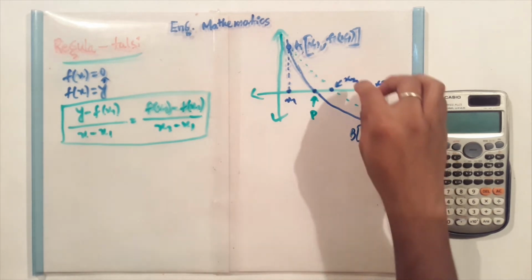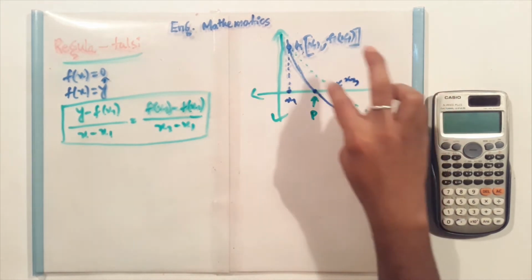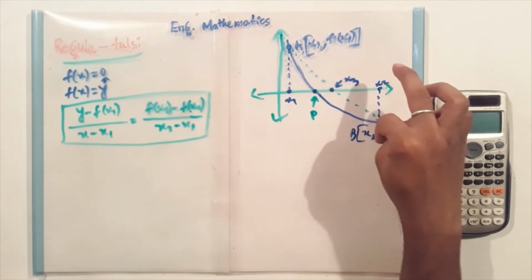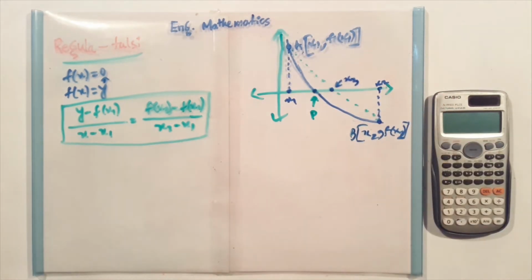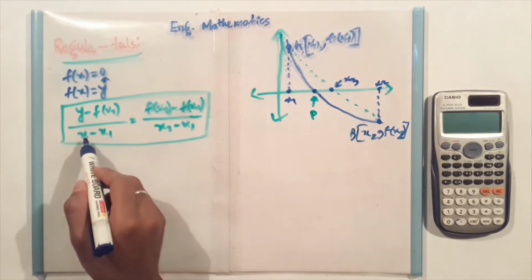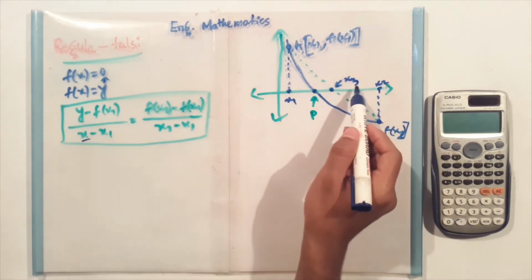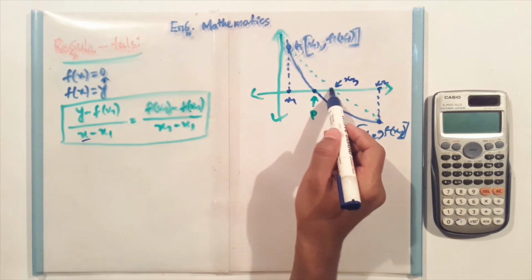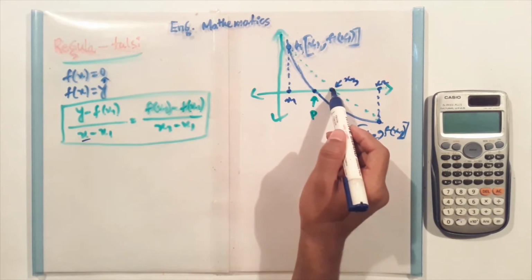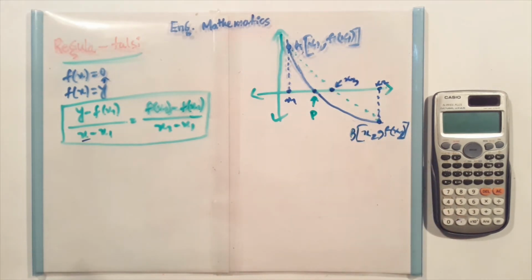Now we have the point x3 lying on the line joining AB, so this point satisfies this equation. We will put x3 in place of x, and 0 as the y coordinate of the point.